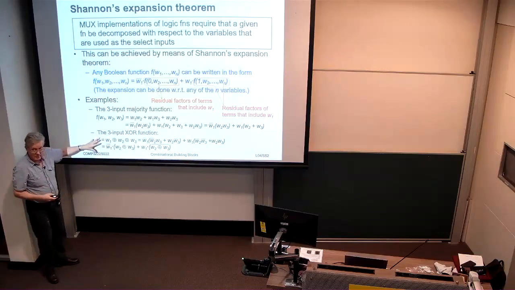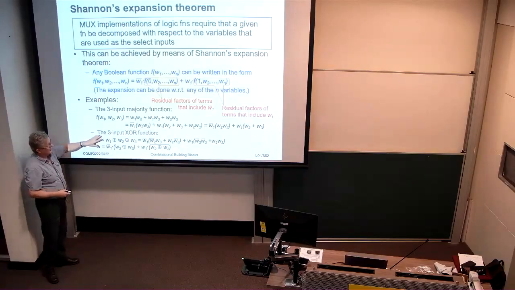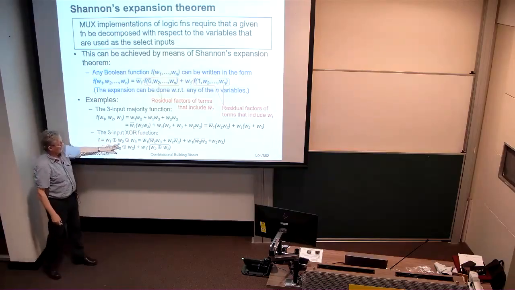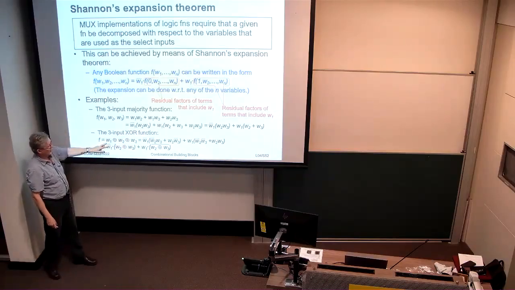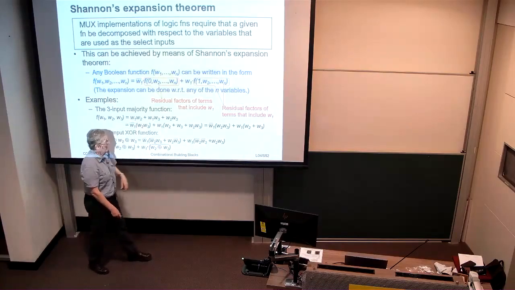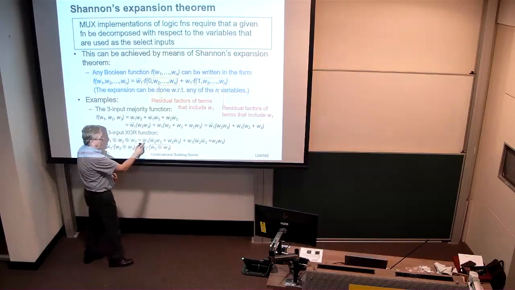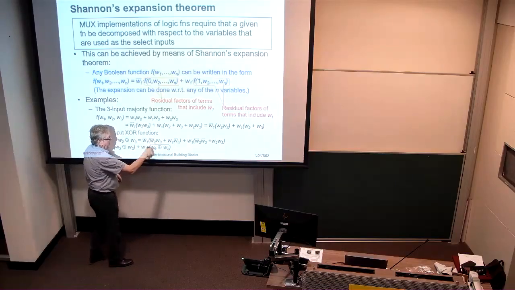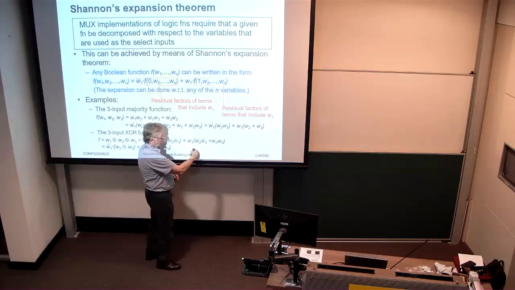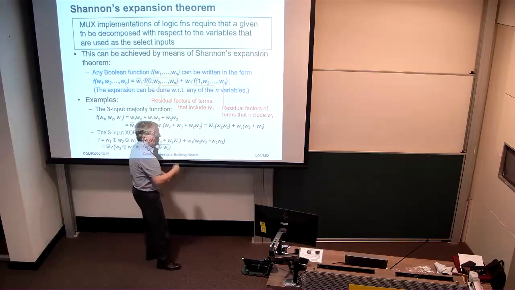Performing the same operation on the 3-input exclusive OR function looks like this. So this is the 3-input exclusive OR. Writing that out longhand, this is what that means. This means it's not W1 and the exclusive OR of W2 and W3, or it's W1 and the exclusive NOR of W2 and W3.